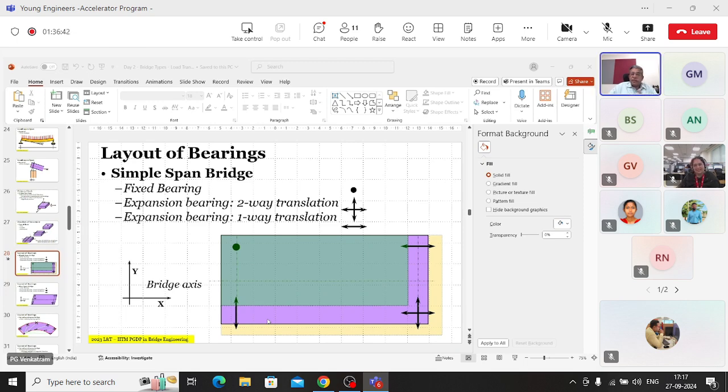Please remember when we talk about variation in temperature from top of deck to bottom of deck, we don't use expansion and contraction. We use the word temperature gradient. You're familiar with the term? Yes, sir. So we don't use expansion and contraction for that. For that, we use temperature gradient.